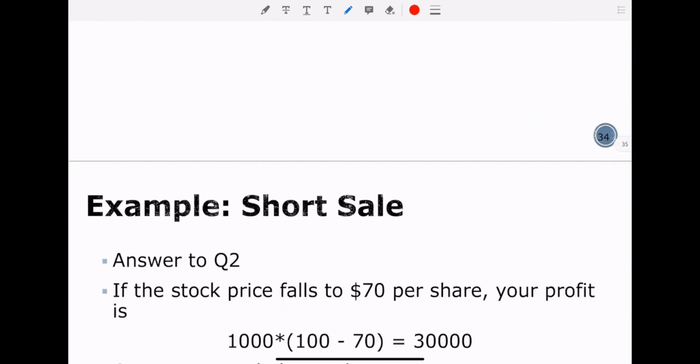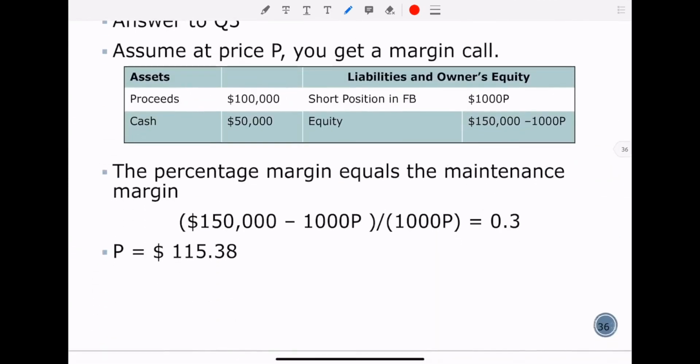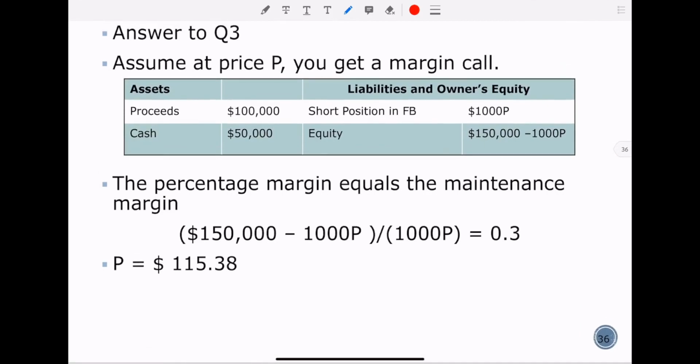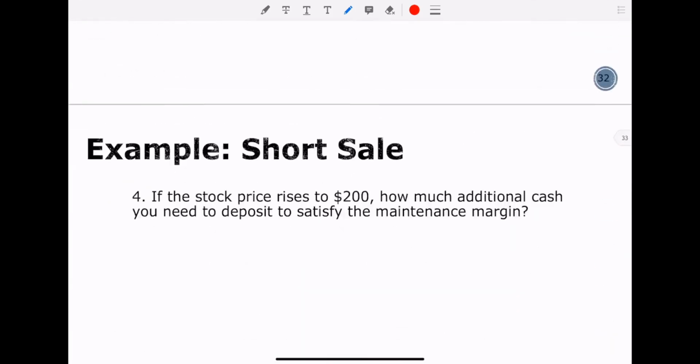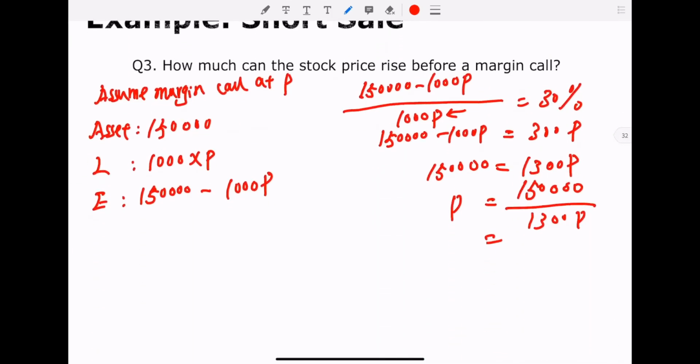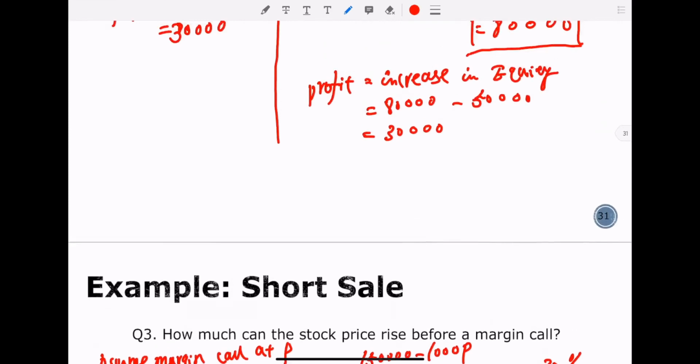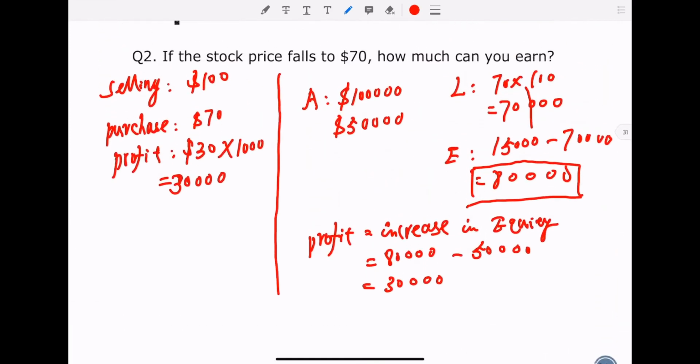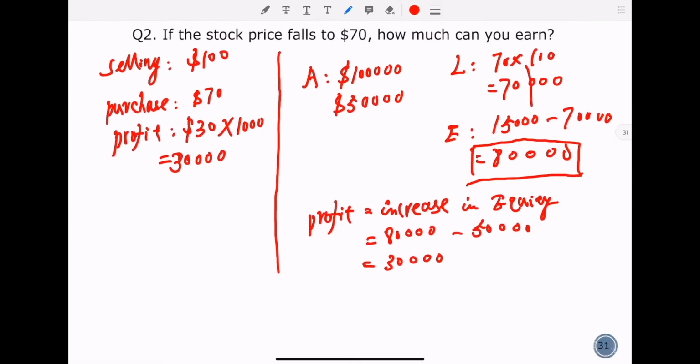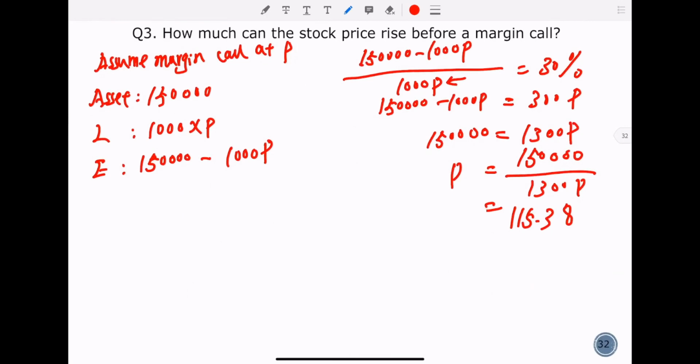Okay, let me see what's the answer here. You can see here it is actually 115.38. So you can see that if the stock price decreases from the initial price of 100 to 70, you will earn $30,000. But if the stock price increases from 100 to 115, you will get a margin call, right?